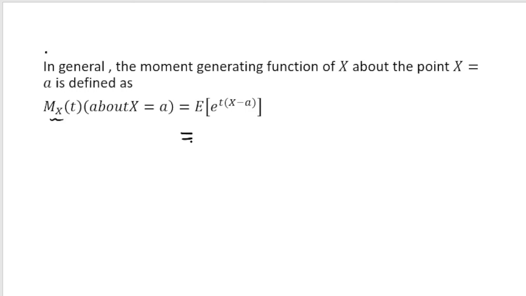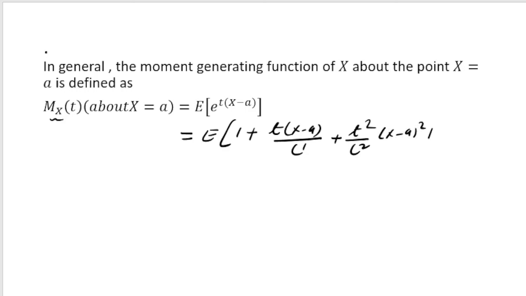Just the way we have done it earlier, if I write the expansion of it, it will look like 1 plus t times x minus a by factorial 1 plus t square by factorial 2 times x minus a square, and so on.